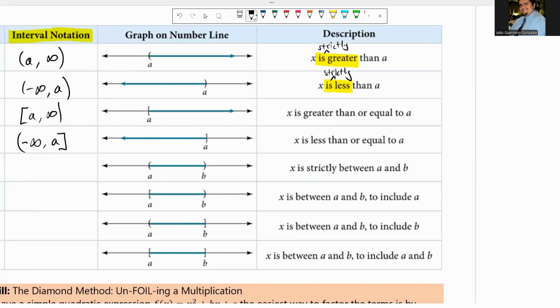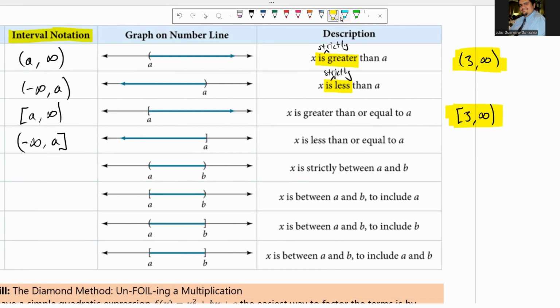So suppose I had this, 3, comma, infinity. And suppose I had this, 3, comma, infinity. Notice that the top one has round brackets, or round parentheses, but this one has the hard square bracket. So what's the difference between these two?